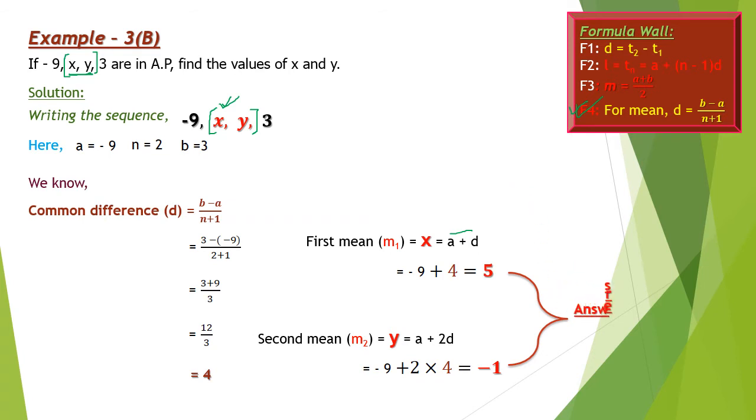So this is a very important question. It is frequently asked in examination in 2 marks. So there are questions for you to try. Try this.